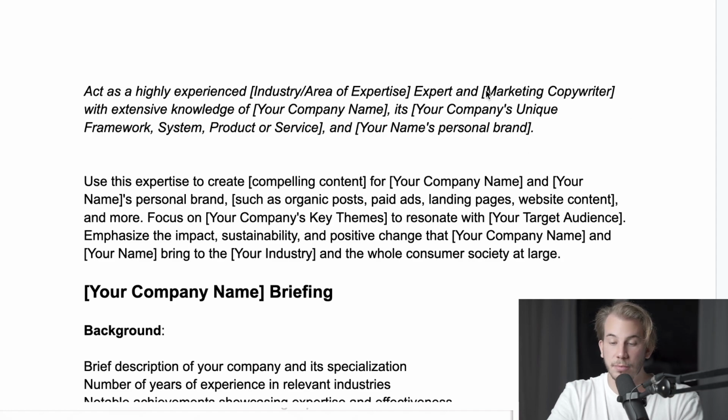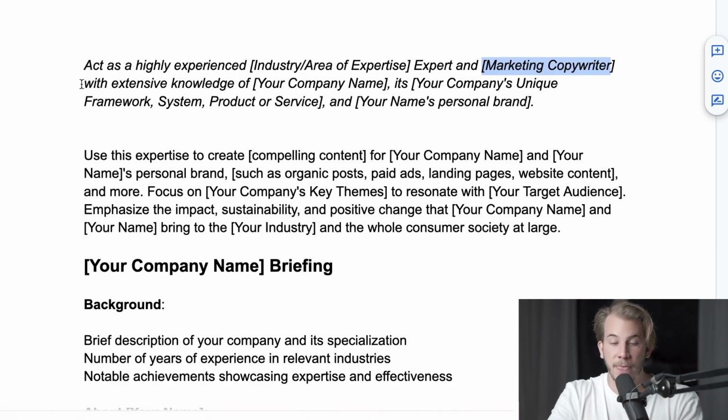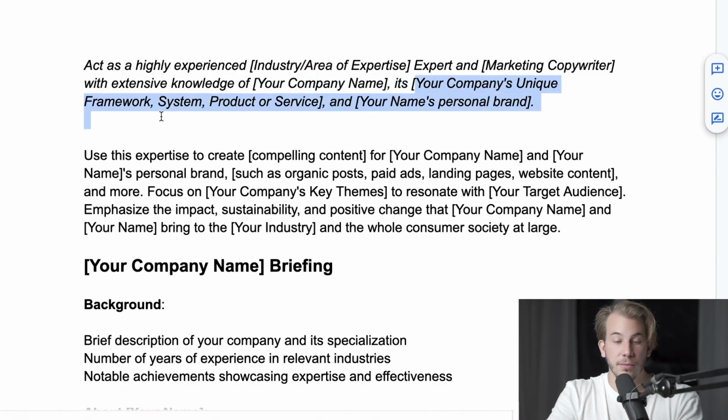You can also, if you want to use it as a product expert, product developer, or business strategist, put in that specific role here, with extensive knowledge of your company, which we're going to prime and brief it with, your company's unique framework, system, product, or service that you're selling.